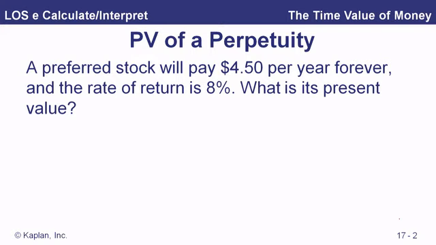What's the present value? Well, this seems a bit like a daunting task to take the present value of $4.50 every year forever. If it's truly forever, we're never going to get done. So what are we going to do? Well, we've got another way to approach this rather than an infinite series of those.